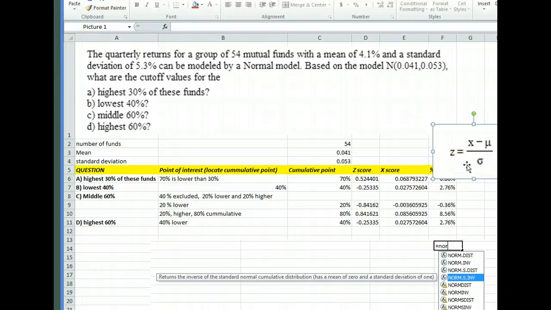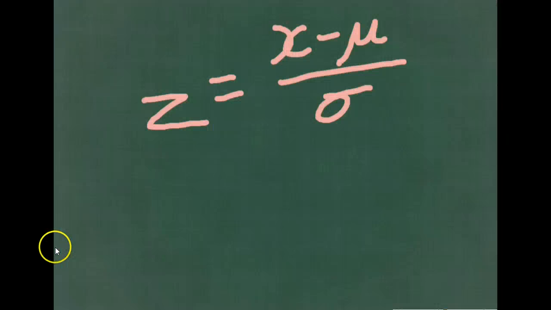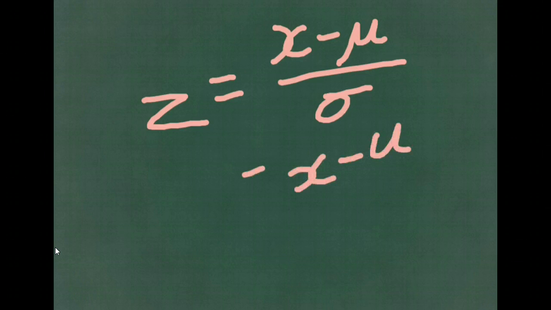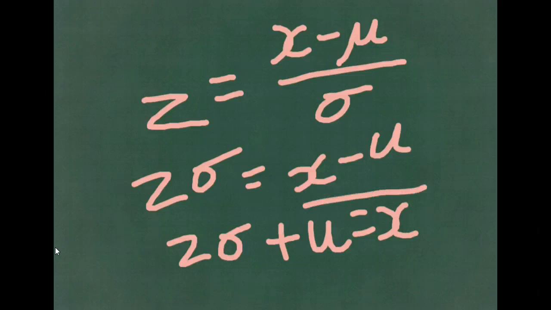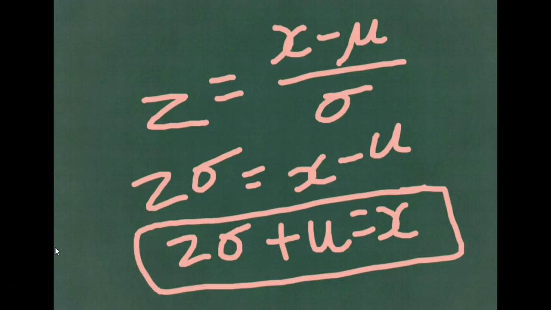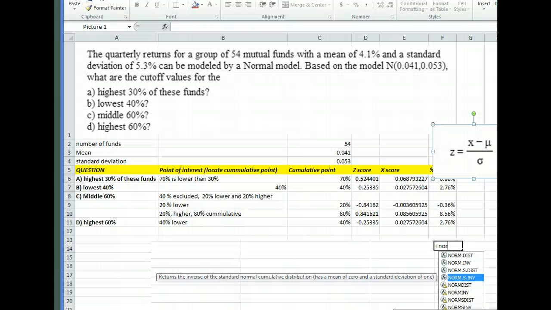If we have z equal to x minus mu over sigma, then if we are interested in finding x, we do a little mathematics and we end up with this formula here, which is what I have calculated here to give me the x scores.